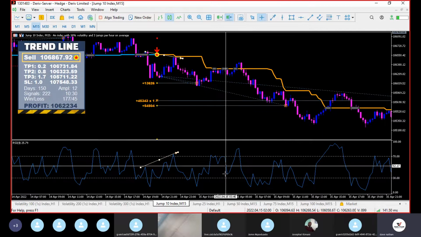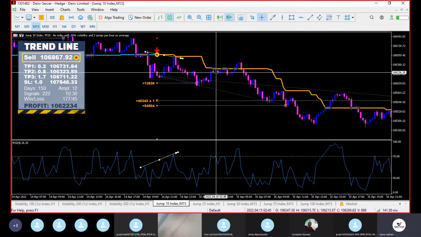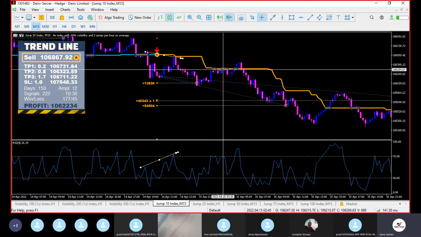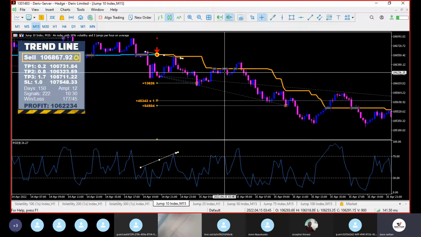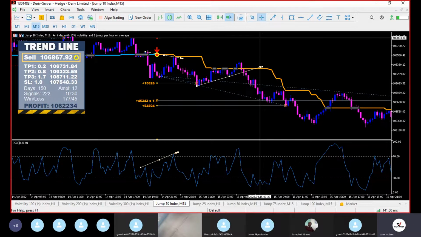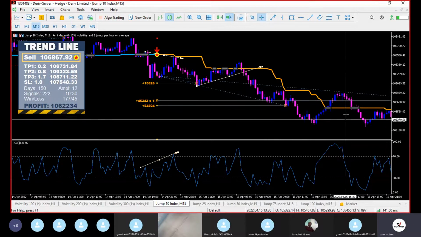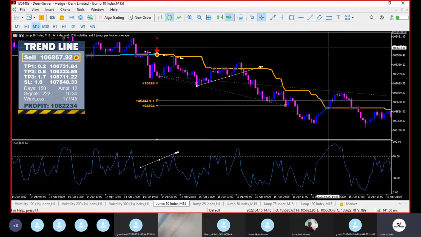So we had a signal here. When we got the signal, we had that gray color, indicating that the market is ranging. Now when it broke above, you wait for your diagonal breakout to take your sell signal here. Perfect. We had another one, you can wait for your diagonal breakout. Perfect.